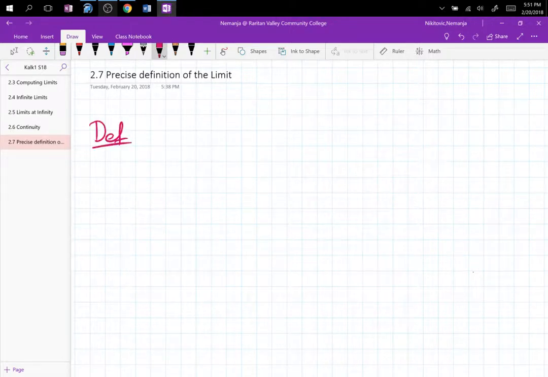Definition. This is on page 114. In which way are we defining this? What is the meaning of the limit as x goes to a of f of x equals L?